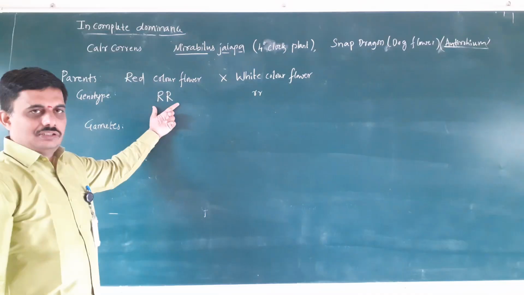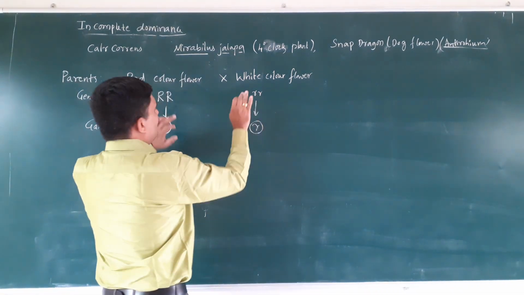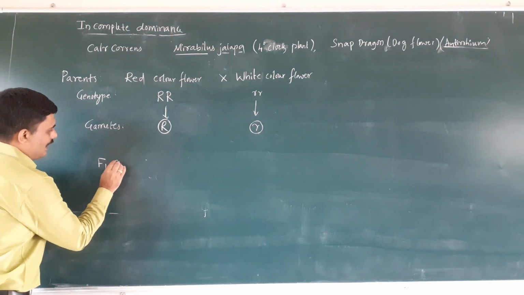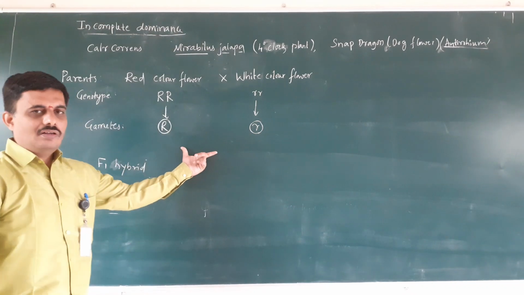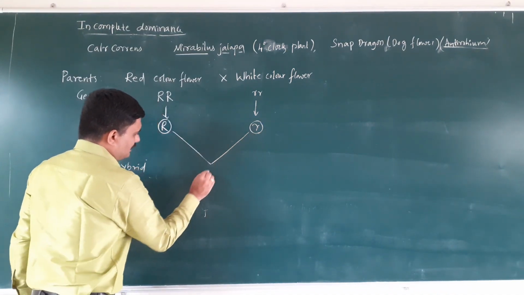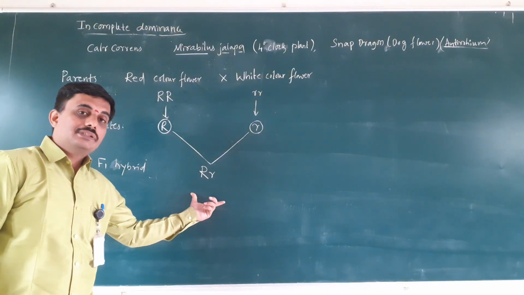So what gametes are produced? Two gametes are produced, but they are similar, so we are taking only one gamete here. The other parent also produces similar gametes because these are pure lines. In the F1 hybrid, when they are crossed in the hybridization experiment, we get capital R and small r, which means a heterozygous condition.